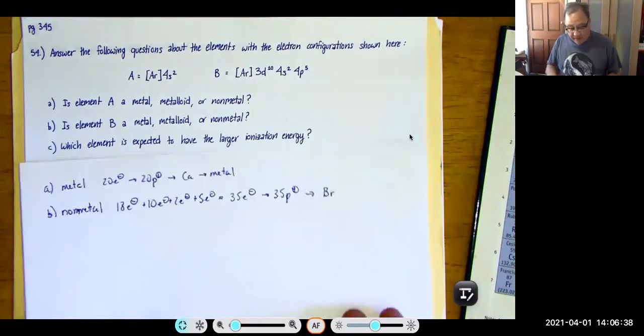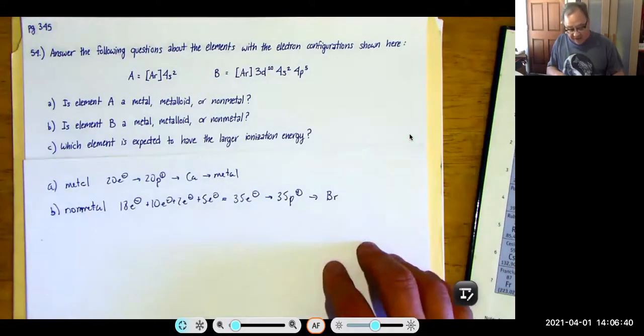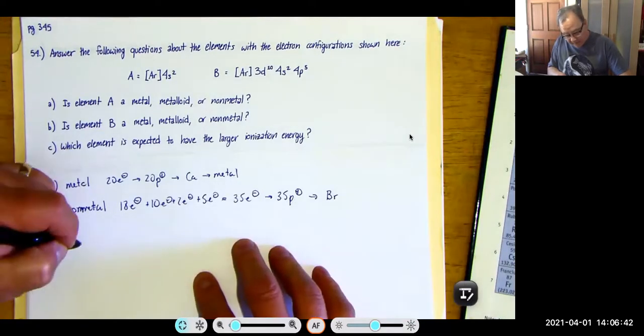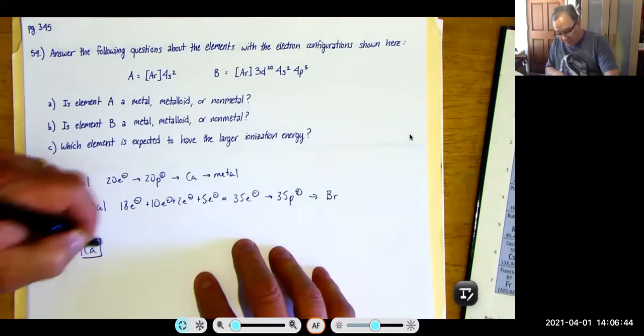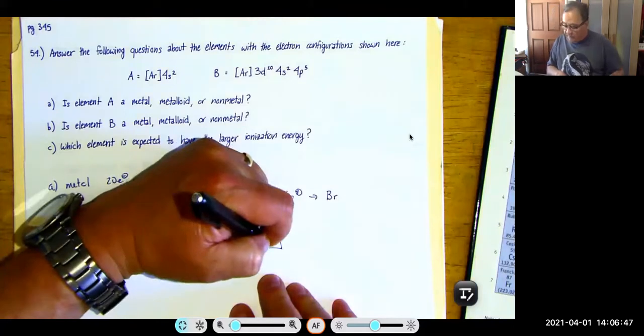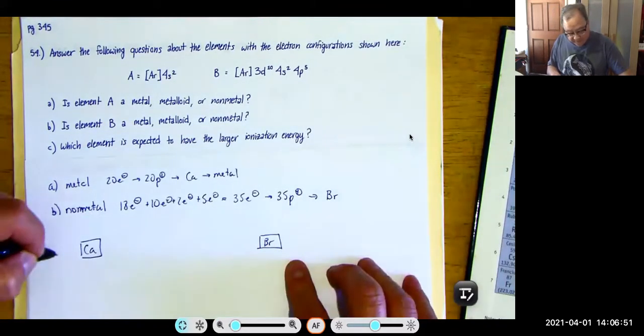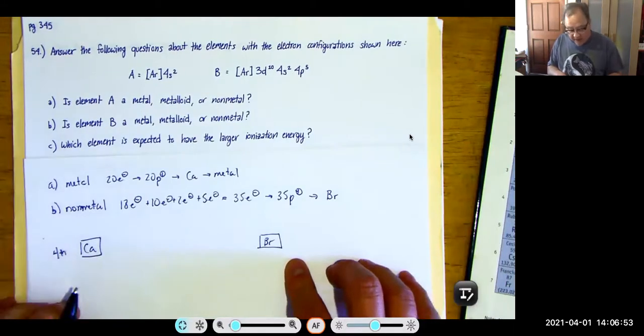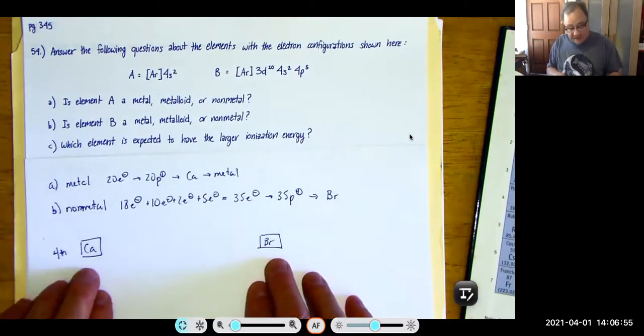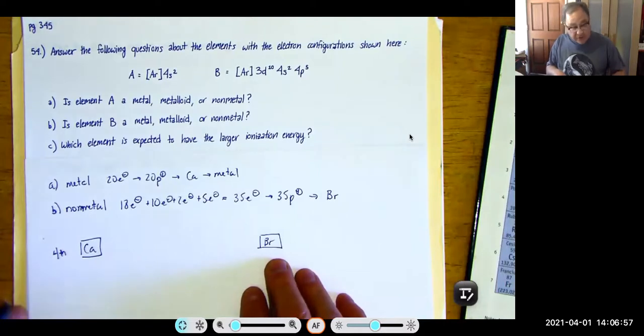Which element is expected to have the larger ionization energy? So we now know that we have calcium here, and we've got bromine over here. They're both in the fourth period. Okay, so what do we know about ionization energy? We know that ionization energy has a lot to do with size.